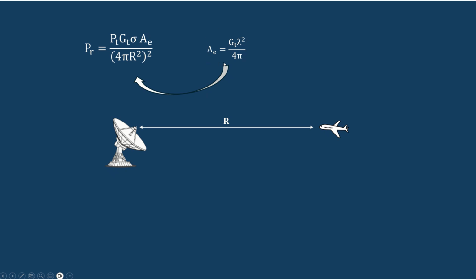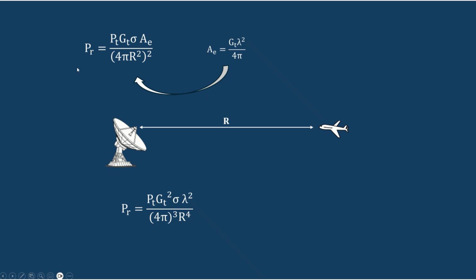So if we substitute this for effective area, we get received power equal to Pt Gt square sigma lambda square by 4 pi cube r raised to 4.